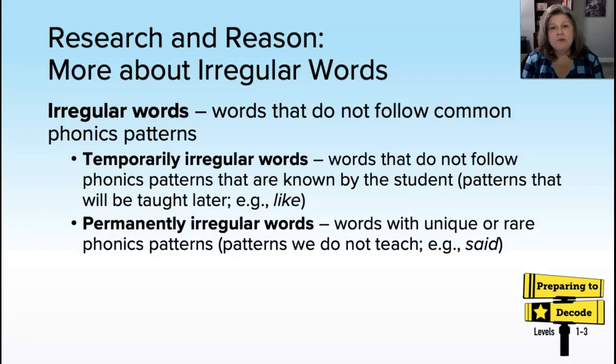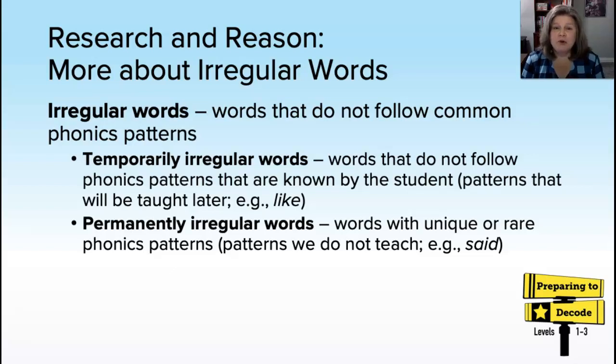For example, it's really common to teach the word like as if it is an irregular word, because it's a good while before you're going to teach the spelling of that final E, that the final E makes the I say I in like. Before students are able to learn that pattern, you want them to know that word because it's such a common word and we need it to tell good stories and for the books that we want them to read.